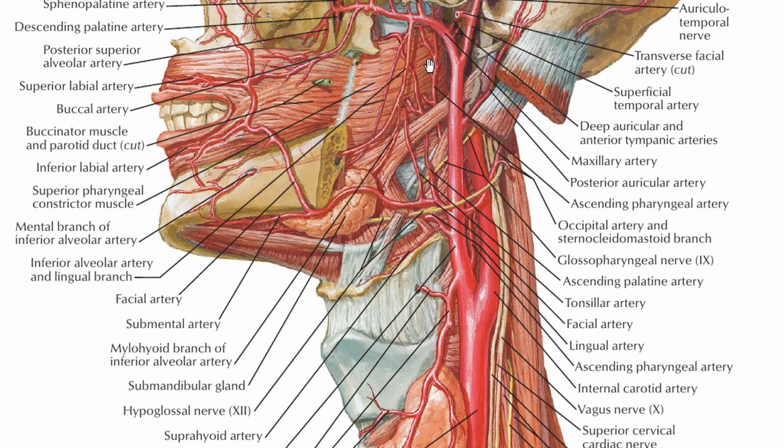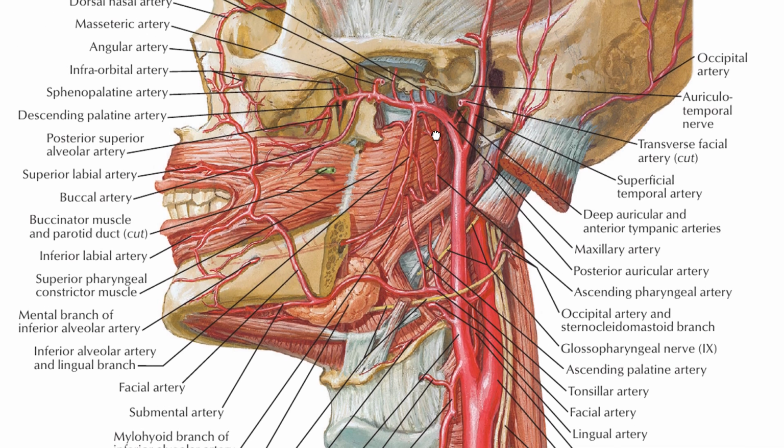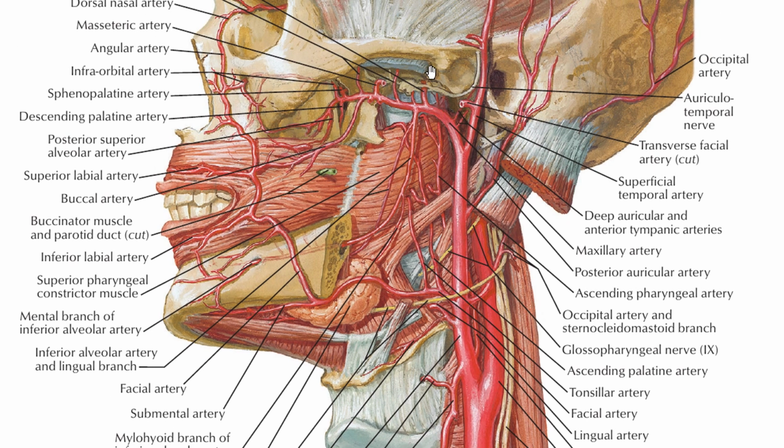After supplying the pharyngeal muscle, it moves upward, and one of its branches enters through the foramen at the base of the skull and supplies the meningeal branch. Then one branch supplies the middle ear cavity, and other pharyngeal structures as well.